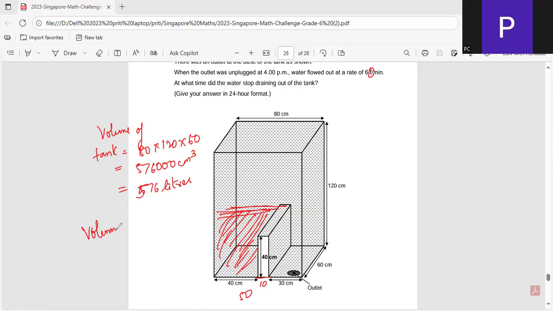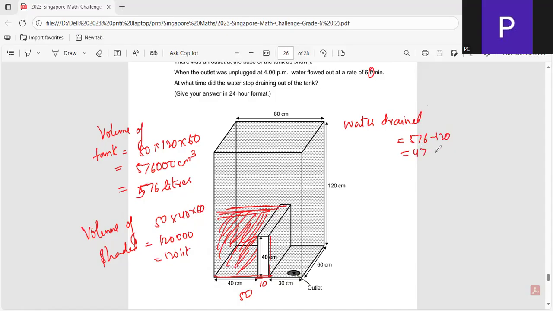Let's calculate the volume of the shaded part here. That is 50 into 40 into 60, so 120 plus 3 zeros. So this is 120 liters. Now what is the water that will get drained? It is 576 minus 120, which is 456 liters.